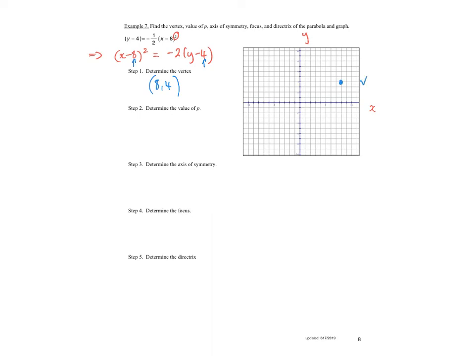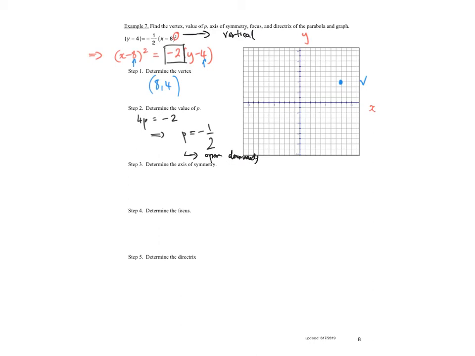There's our vertex. For the value of p, okay, well, it's always that coefficient that will give us p. So 4p is equal to -2. So p is going to be -1/2. So let's think here. Is our parabola horizontal or vertical? Well, the fact that the square is attached to the x term means that we are a vertical parabola, and because p is negative, that means the parabola opens downwards.